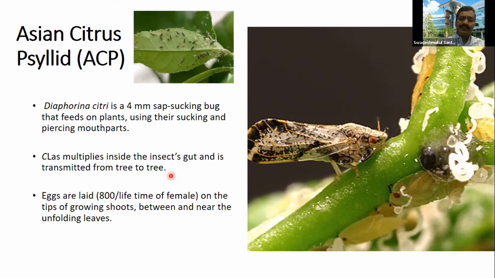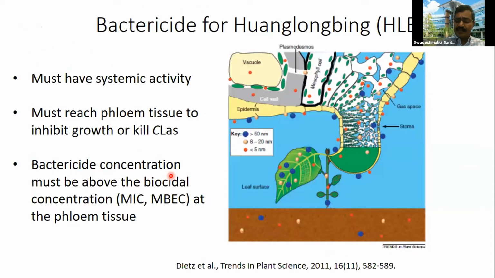During feeding, the bacteria find their way from the insect's gut all the way to the phloem tissue. Once they land there, they find a dream place to grow and proliferate. As they grow and proliferate, they clog the phloem transport system. As a result, you will see root loss, and root loss eventually means you will lose productivity, your quality is going to be compromised, and in the end, the plant is going to die. So that is the most serious consequence of this HLB.